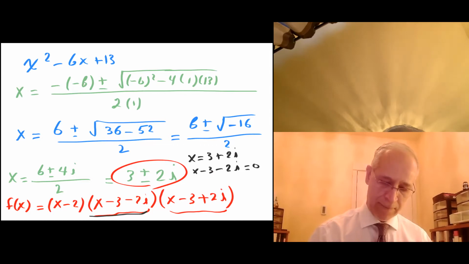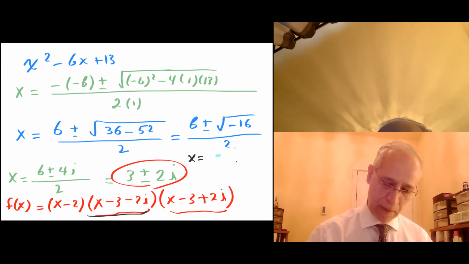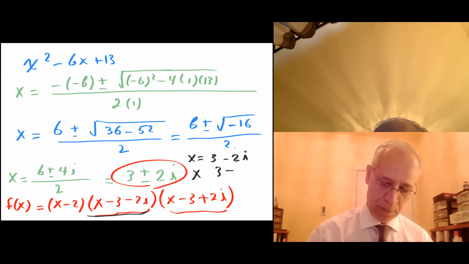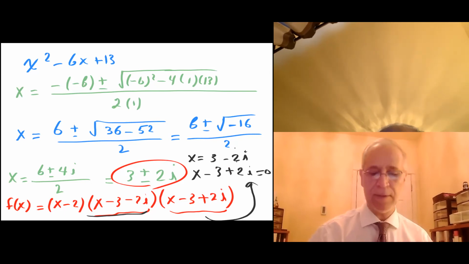And once I have x equals 3 minus 2i, that's the same as x minus 3 plus 2i equals 0, and that's this one.